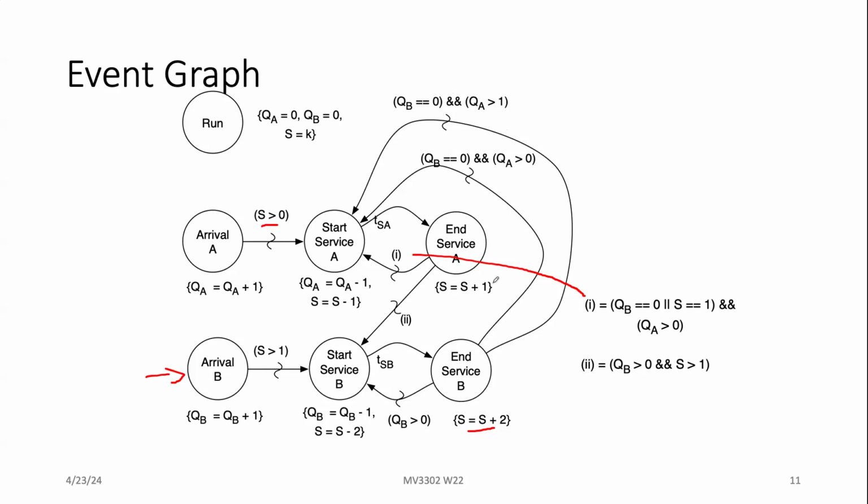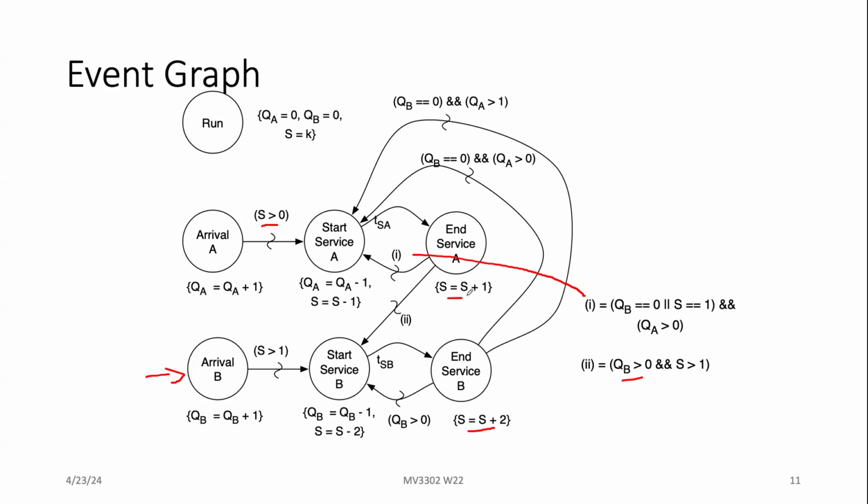Now we have one more server than we had before. There are a number of different possibilities. Well, we prefer the type B's, right? So if there's a type B waiting, then we may want to schedule a start service on that.